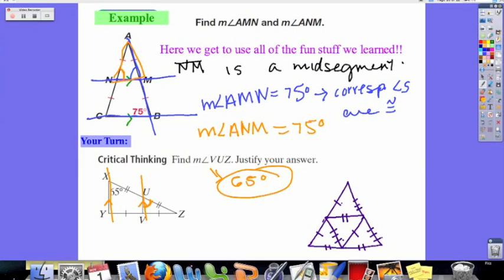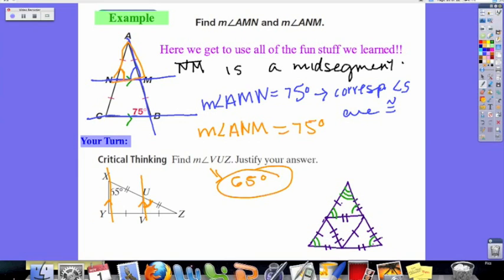For example, this angle is the same as this one here. This angle here is the same as this one here. And then we've got that third angle up here. You can fill in the markings for the other triangles. So when you have all the mid-segments drawn in, it produces 4 congruent triangles. I just wanted to point that out.